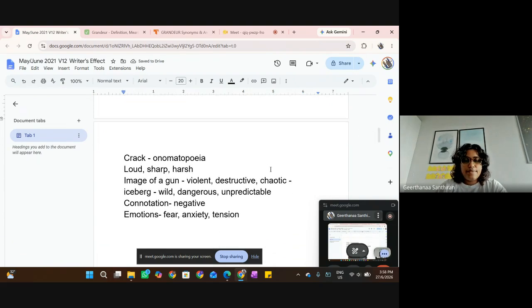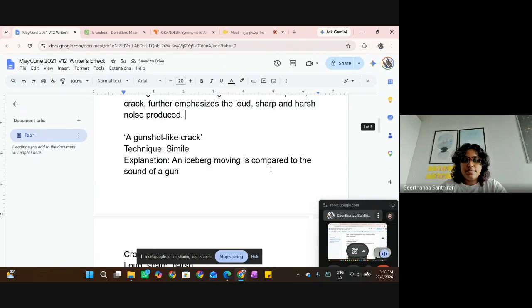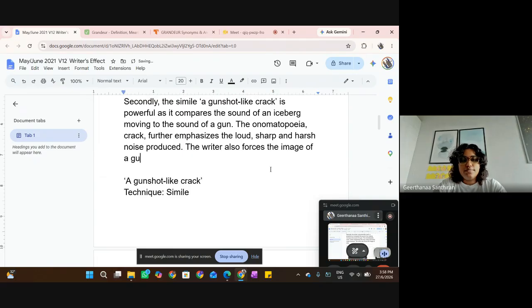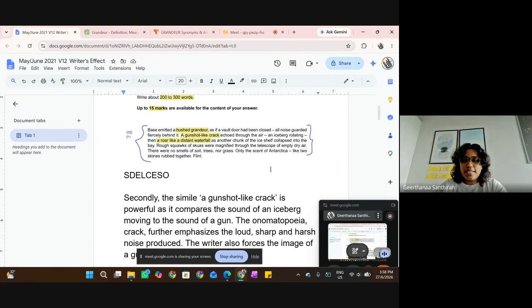Okay. Then I'm going to talk about the image of the gun. The writer also forces the image of a gun into our minds, connecting the moving. Is there another word for breaking?